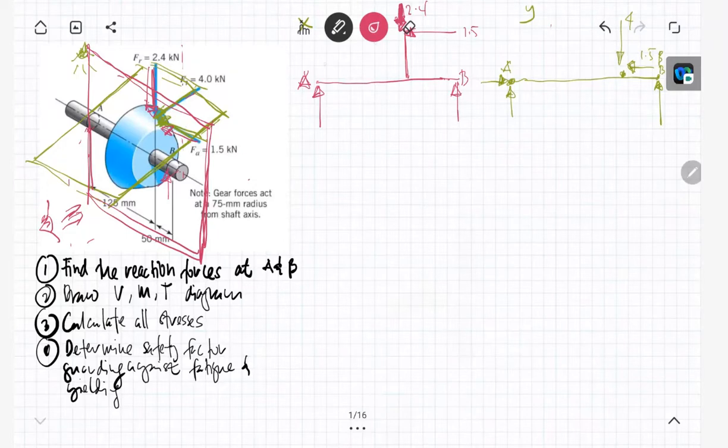And 1.5 is here, so this should be here. Okay, let's say we call it this as RAX.